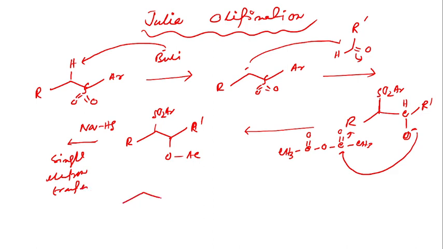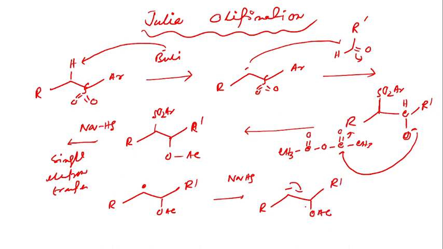It is now OAc, R dash, radical, R. It will leave, plus another NaHg. So now it is 2 electron transfer. R, we have OAc, we have R dash, and this is going to leave.